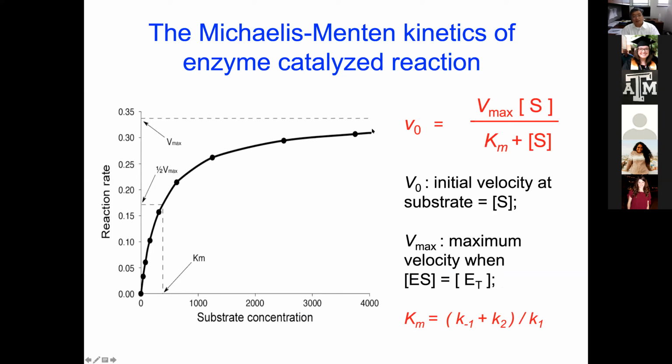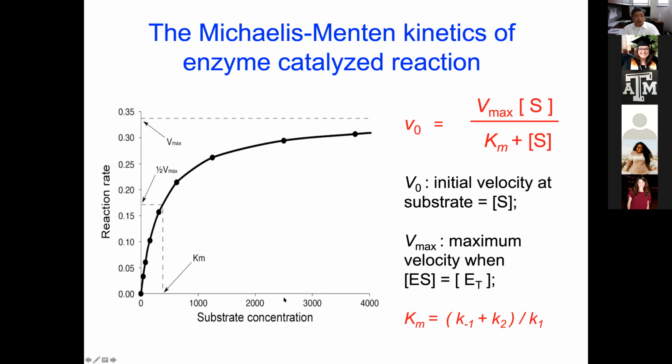When the substrate concentration is very high, the rate of the reaction is pretty close to Vmax. The definition of Km equals (K minus 1 plus K2) over K1, which means the rate of ES decomposition over the rate of ES formation.